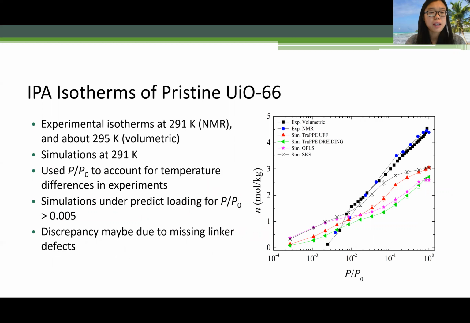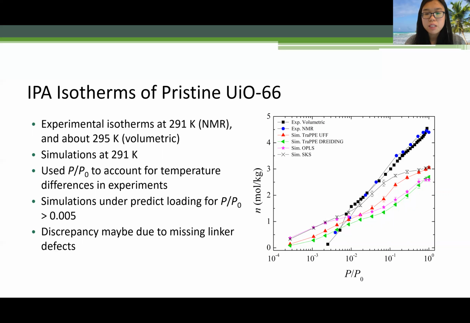Here is the IPA isotherm of pristine UiO-66. We tested different potentials and compared with experiment. Those potentials don't make a lot of difference.